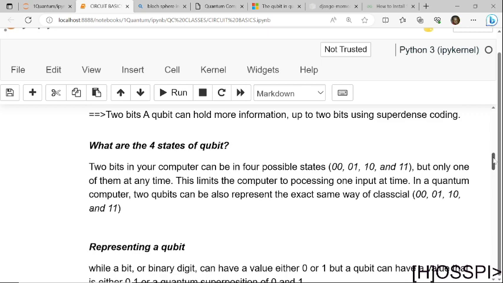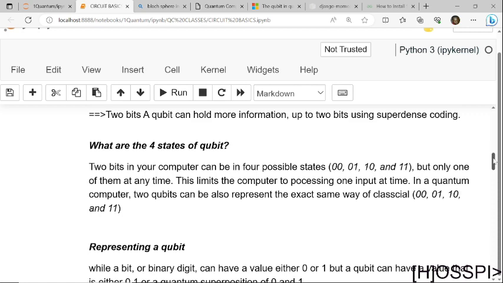Those are the possible states of classical bits, and this limits the computer to processing one input at a time. In a quantum computer, 2 qubits can also represent 00, 01, 10, and 11, but in this situation it is much faster.